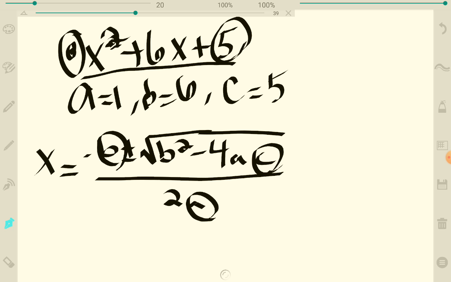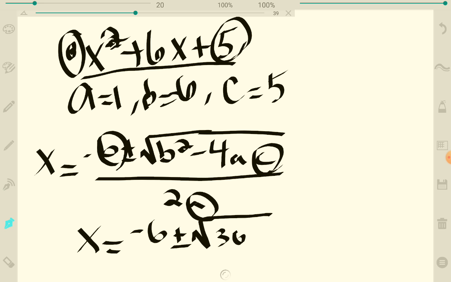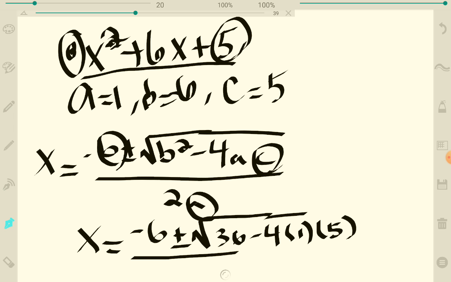So that would be x equals negative b, which would be negative 6, plus minus 6 squared is 36 minus 4 times a, which is 1, times c, which is 5, over 2a, which is 1.